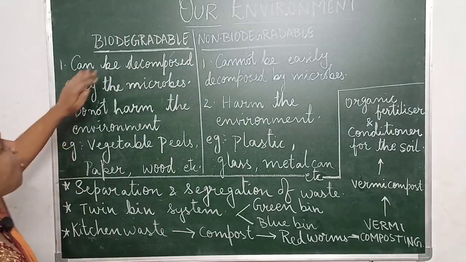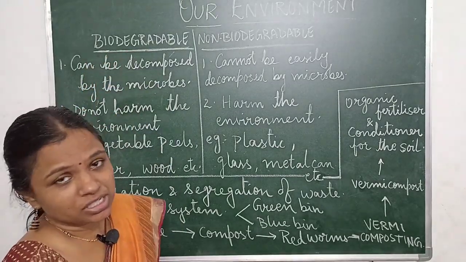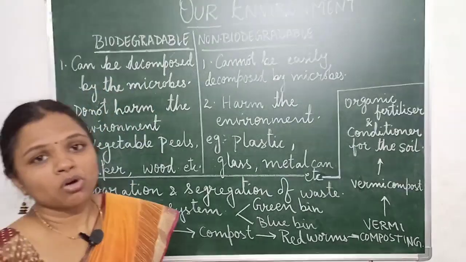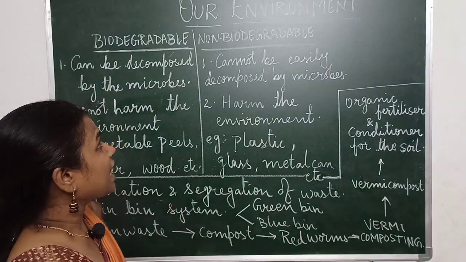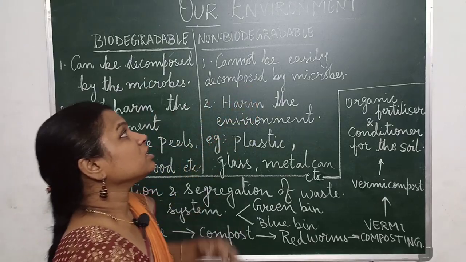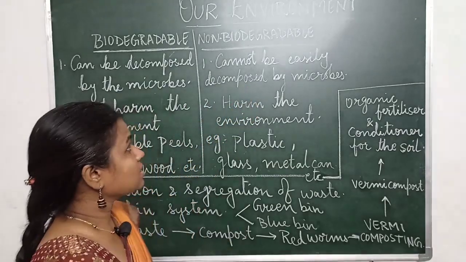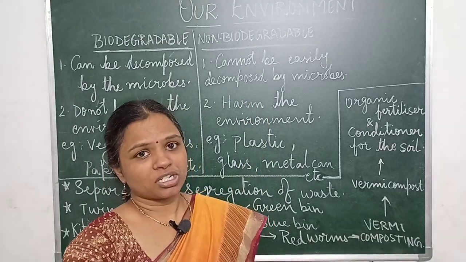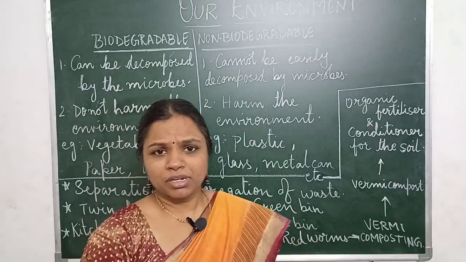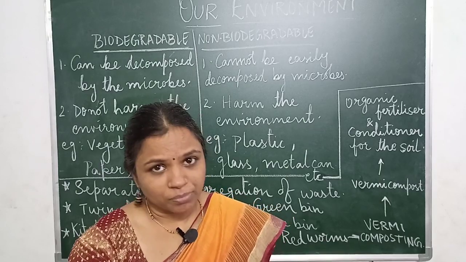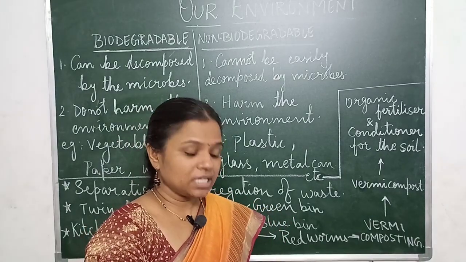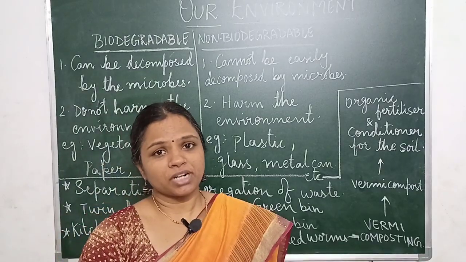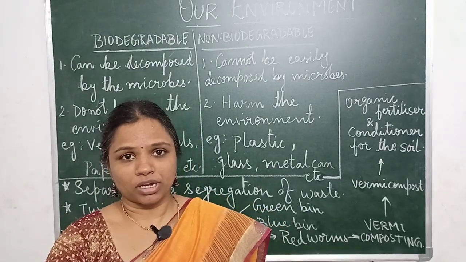Yes, so all the biodegradable materials can be easily decomposed by the microorganisms. Whereas, in contrast, the non-biodegradable substances cannot be easily decomposed by microorganisms. For example, you take a plastic cover, dig up a small pit, put this plastic cover in that pit and cover it up with the soil.